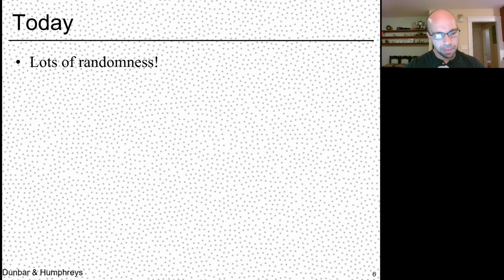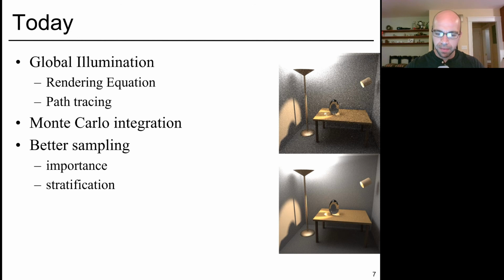That by approaching rendering in this fashion, we can get some really nice results at the cost of spending a lot of computation time. So anyway, at the end of lecture, we're going to broaden and talk about how we can improve these randomized strategies to converge faster and give us better images with lower amounts of noise.